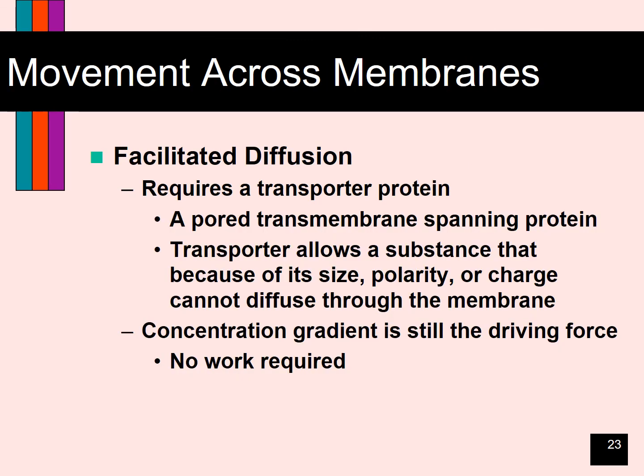Okay, so for facilitated diffusion, it's still diffusion, okay? So the concentration gradient is still the driving force. No work is required. No energy in the form of ATP is required. But, okay, this would be like for water where the substance is polar, okay, partially polar.